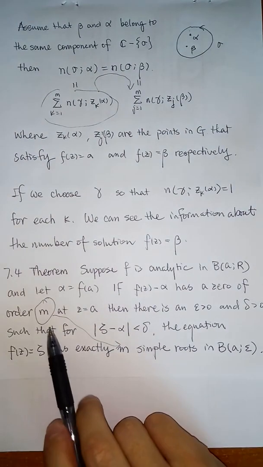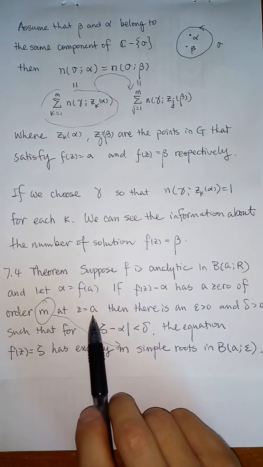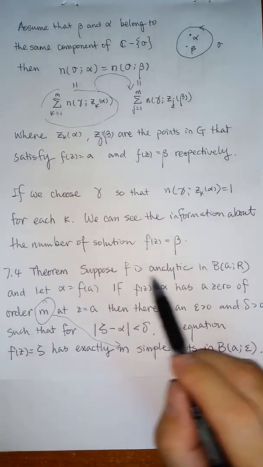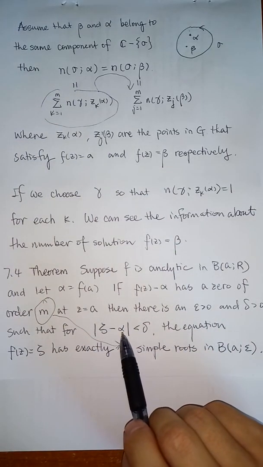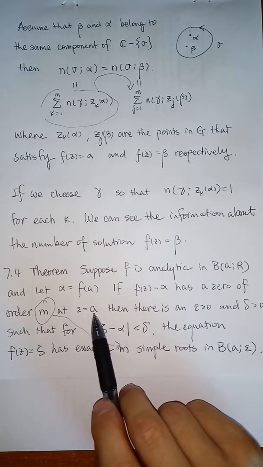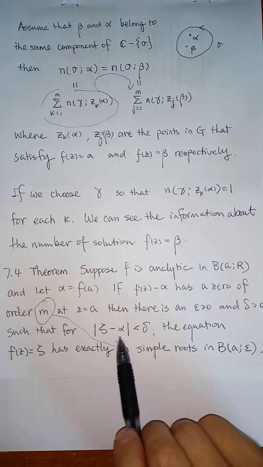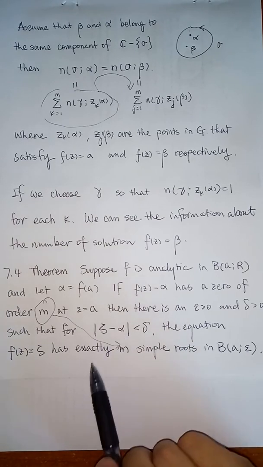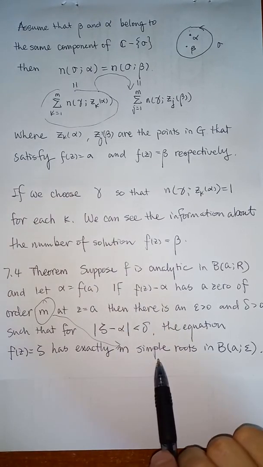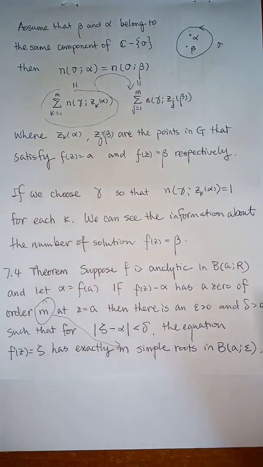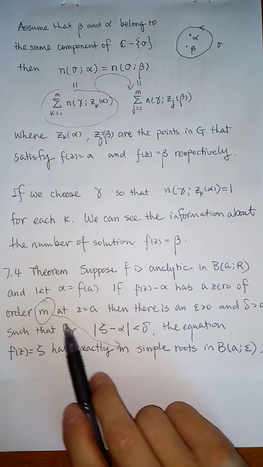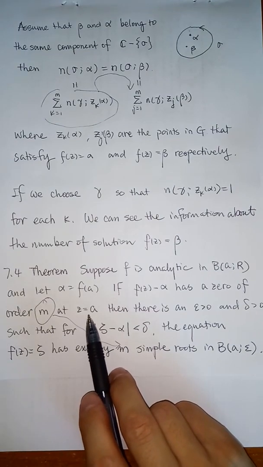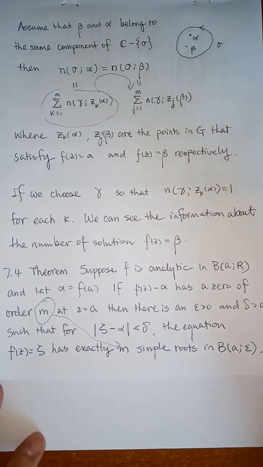So we know there is a zero of order m at a; then in the neighborhood of the image, all the solutions are simple, and there are m simple solutions. It's as if you untie the multiple solution into simple solutions.